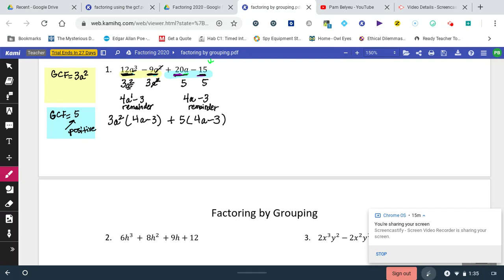See, the binomial 4a minus 3 is in this group, and the binomial 4a minus 3 is in this group. So what I'm going to do is factor out that binomial.